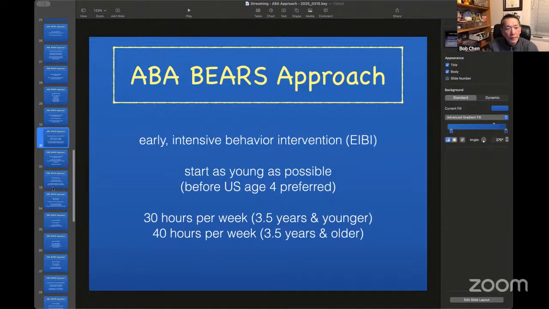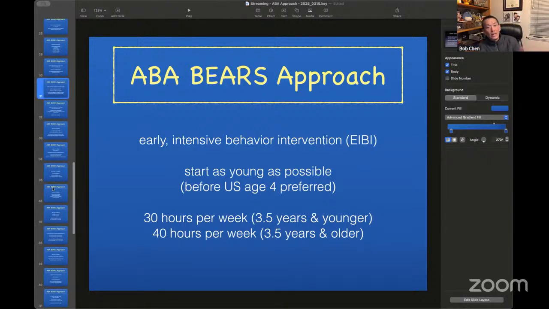Okay. Now, for us, we do what is called early intensive behavior intervention, EIBI. Okay. And that's all considered the basics of the Lovaas approach to ABA treatment. So we start with very young kids, in the US, that's a US age.